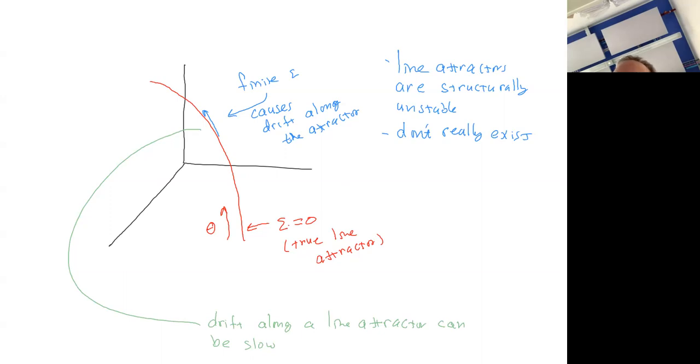there are sort of two things going on. One is that there's rapid relaxation onto the line attractor.